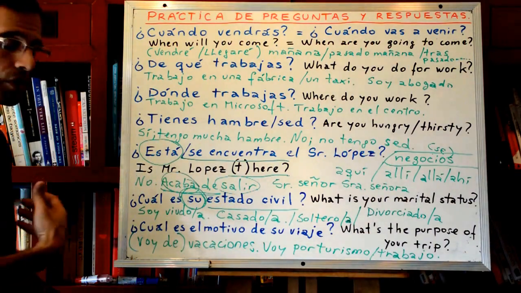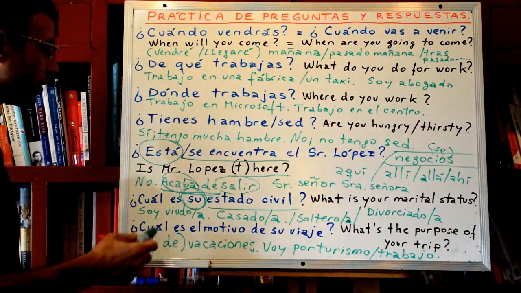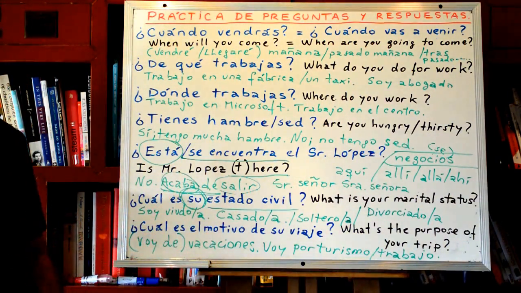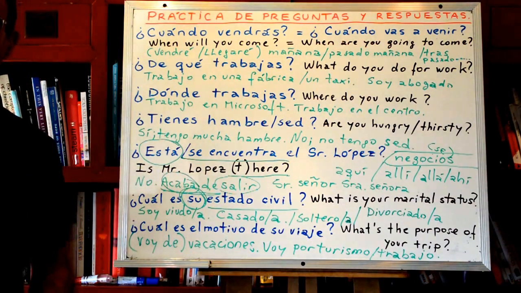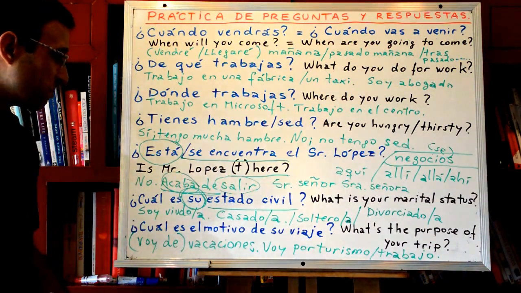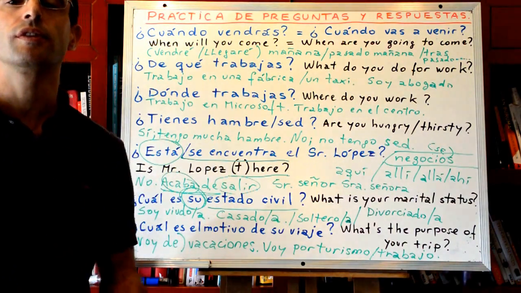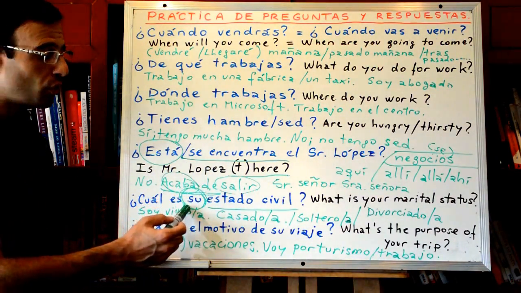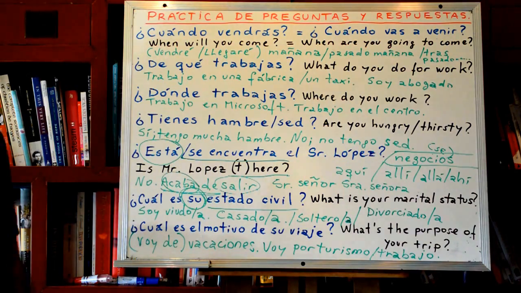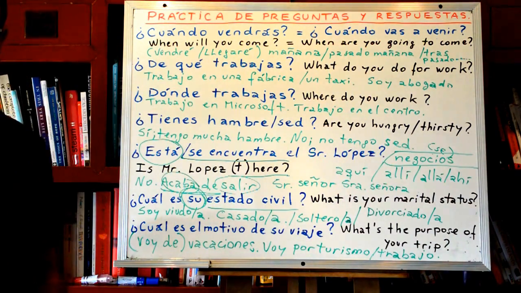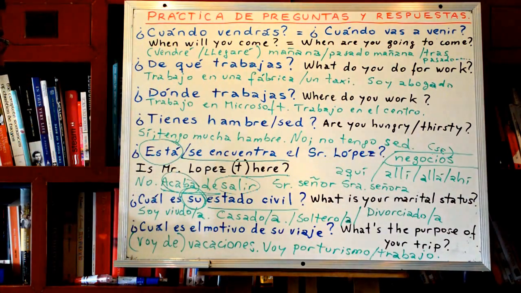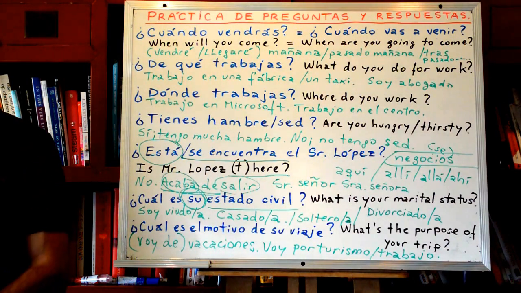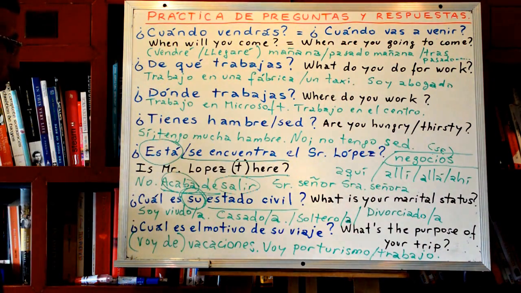Okay, so since I wrote this sentence myself, I want it to refer to when you're talking to somebody formally, right? So when you're interviewing or questioning somebody, for example, at a public office, then we use the formal you, su. ¿Cuál es su estado civil? Which is your marital status. The answer can be soy viudo or viuda, for I am a widower or a widow, respectively, for man or woman.